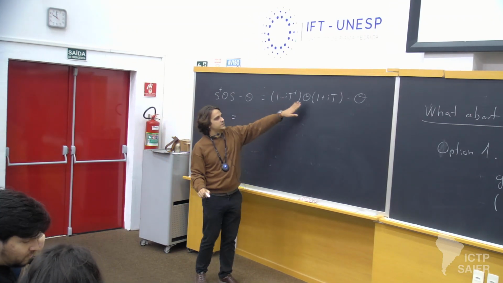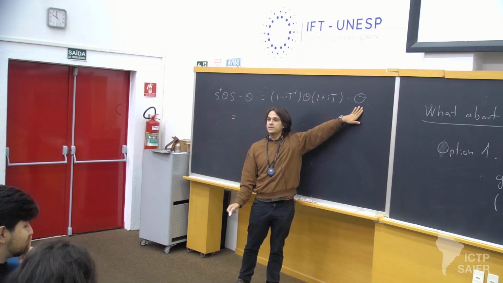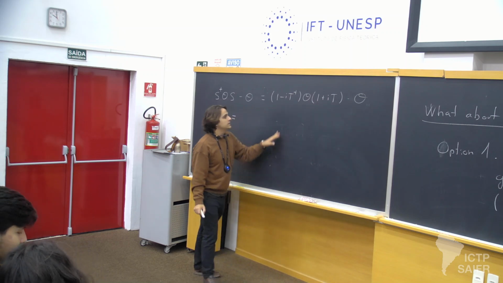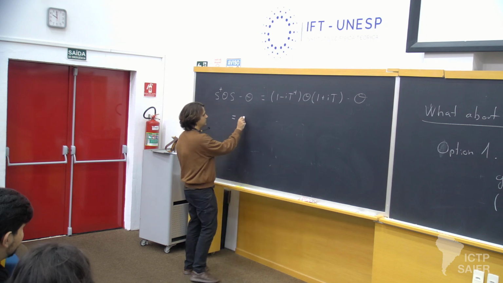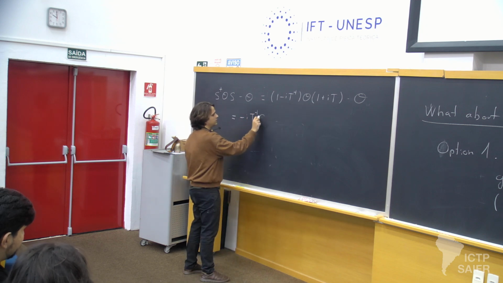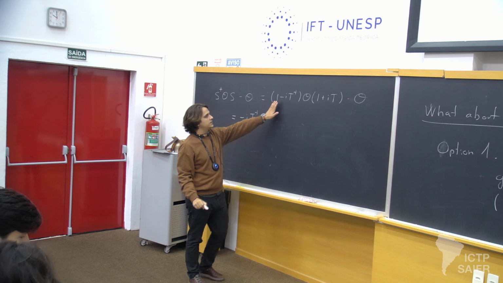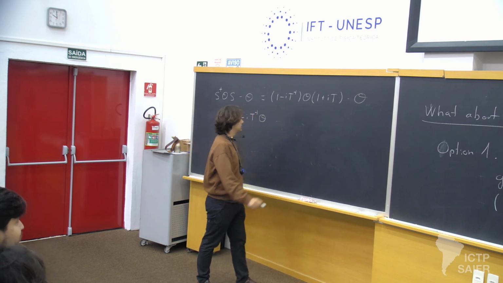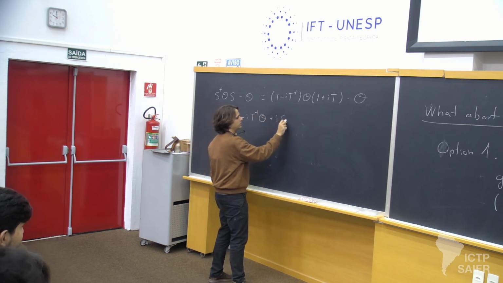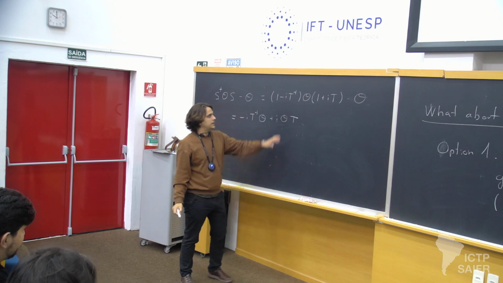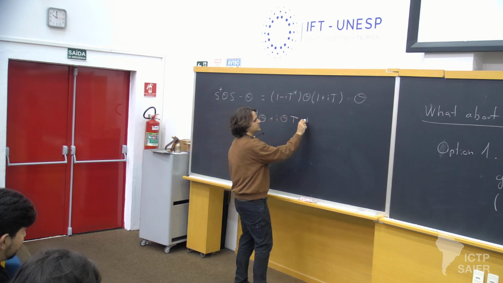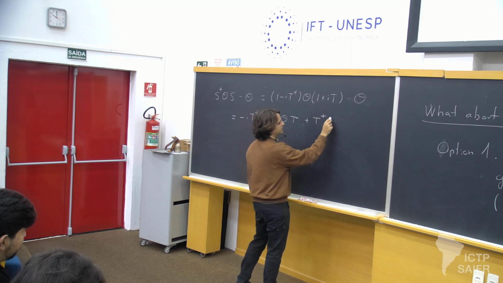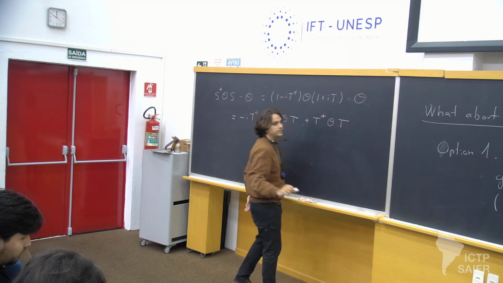So 1 times O times 1 cancels precisely with this term so that we can throw away. Then we have minus i T dagger O times 1. Then I have 1 times O times iT, plus i O T. And then I have this times this times this, which just gives me T dagger O T.